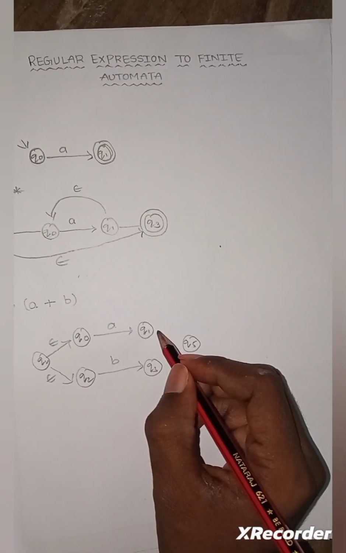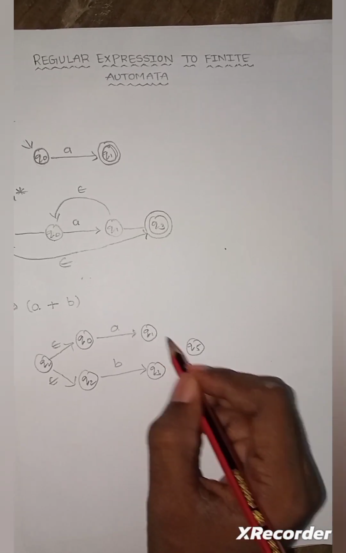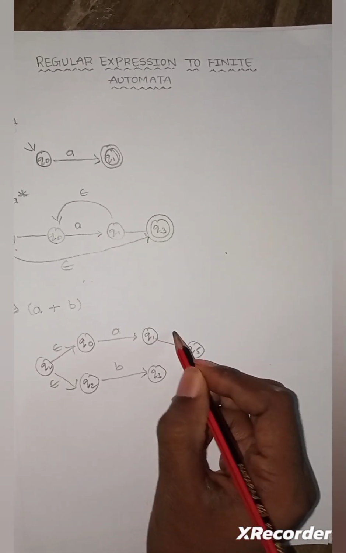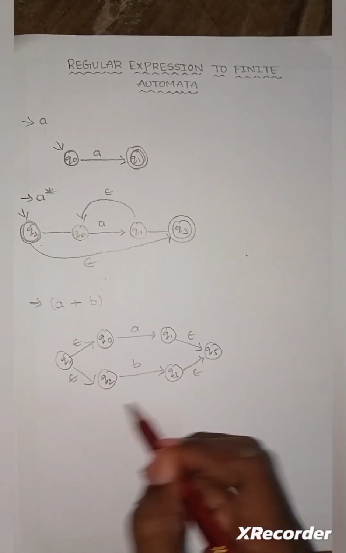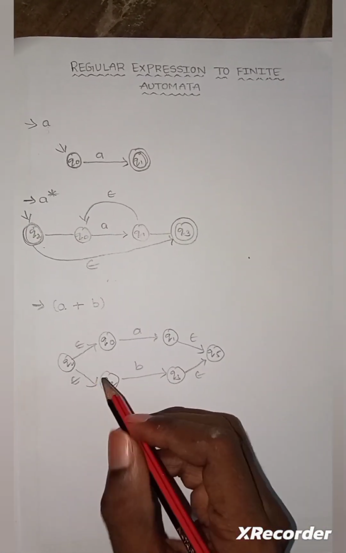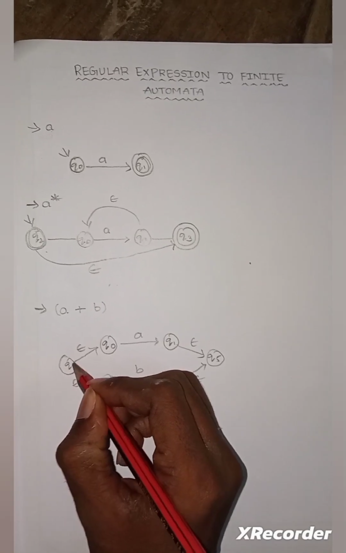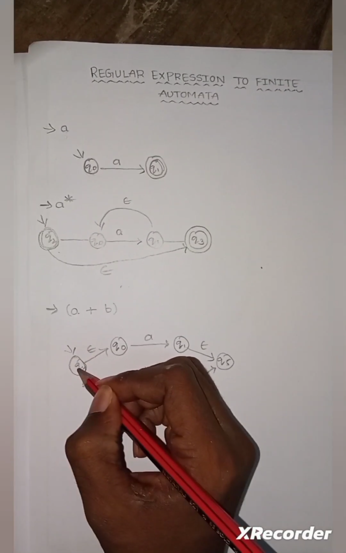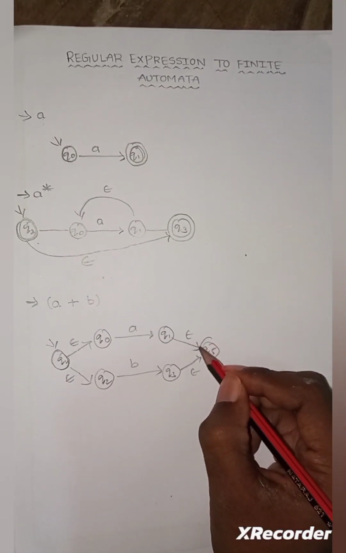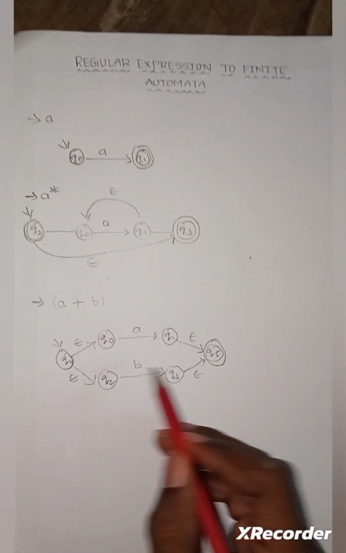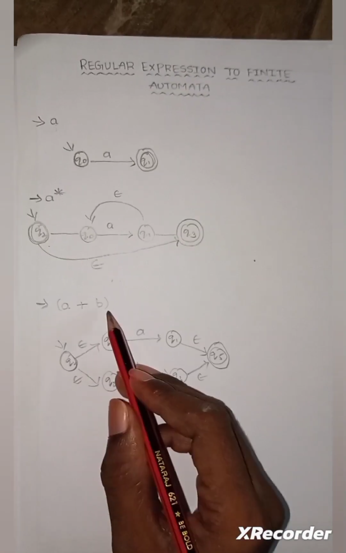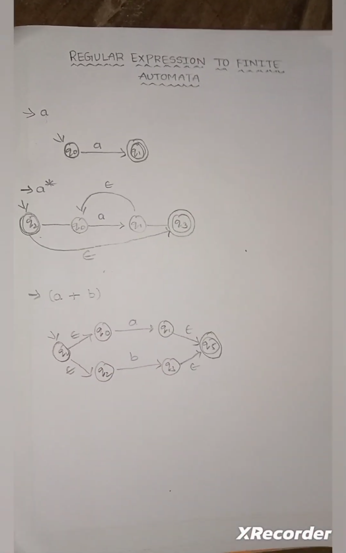And here also we need to connect Q1 to Q5 with epsilon and Q3 to Q5 with epsilon. And after converting this finite automata, we will be having two states. One is the initial state with an arrow pointing towards it, and the other will be the final state, which will be represented with a double circle. So this is how we have to convert the A plus B regular expression to finite automata.